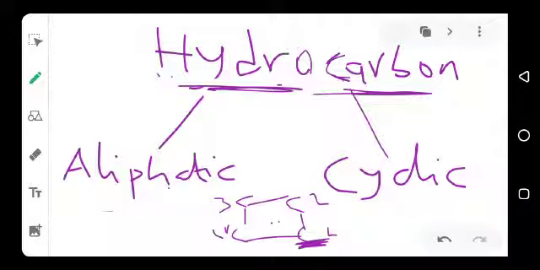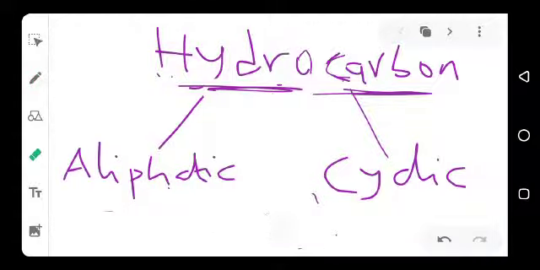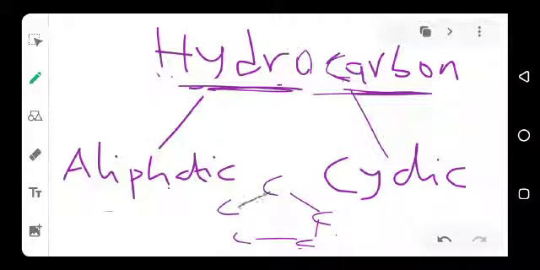Another example, if you have another one that has 5 carbons, this joined to this, joined to this, and this joined to this finally. So this one has a closed structure, and because of that, this one is a cyclic hydrocarbon.